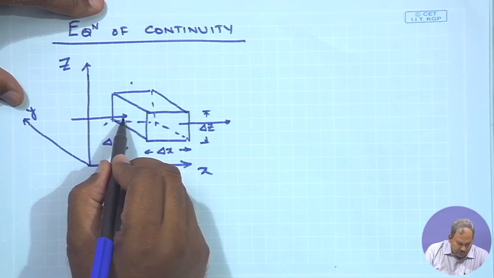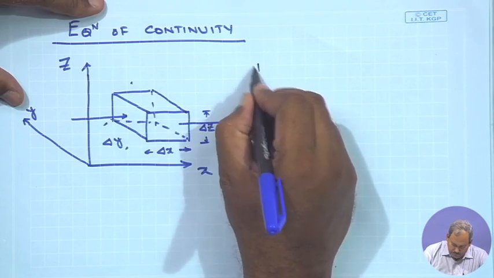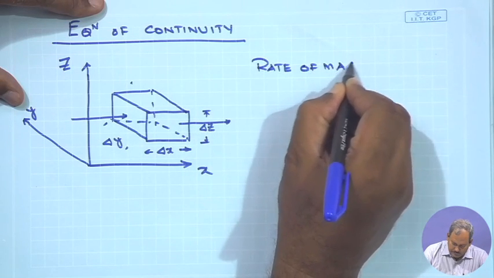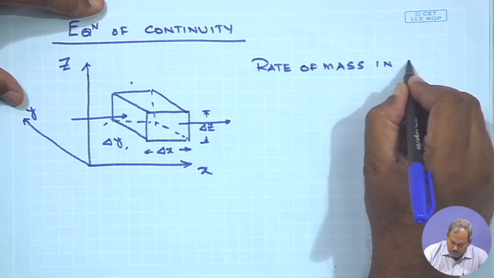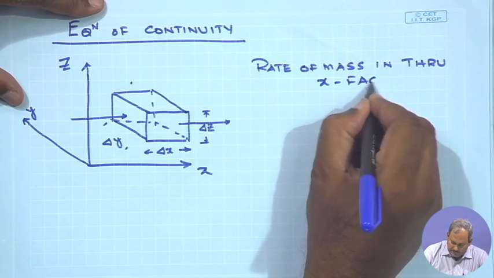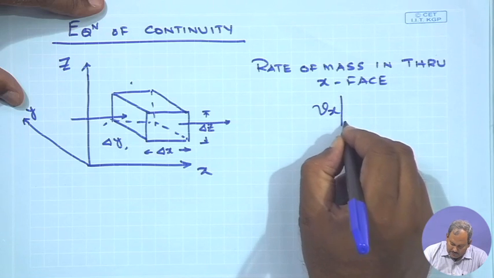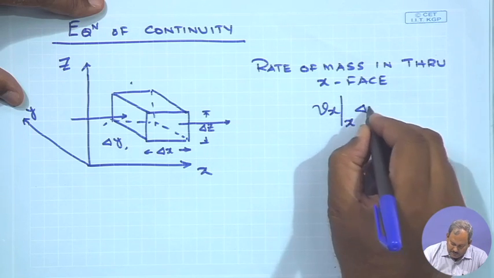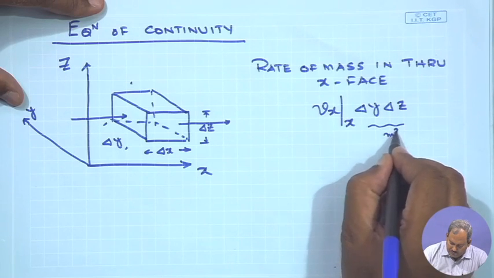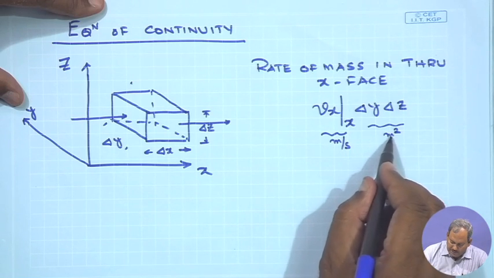What is the amount of fluid which comes in through the x phase? The rate of mass in through the x phase can simply be obtained as rho times Vx evaluated at x, multiplied by del y del z. This area has units of meter square, and the velocity has units of meter per second, so this becomes meter cube per second.